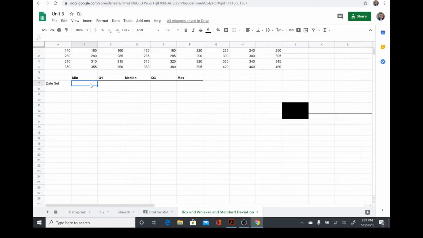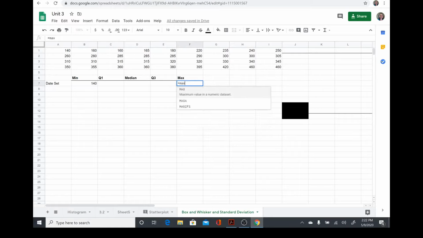In order to find the min, you say equals and start writing min, and you'll see minimum shows up. It says the minimum value in a numerical data set. Click it, and then you'll select the entire data set, and it will find the smallest number in that data set. We already knew it was 140. Yep, still 140. I'll show you that again for max.